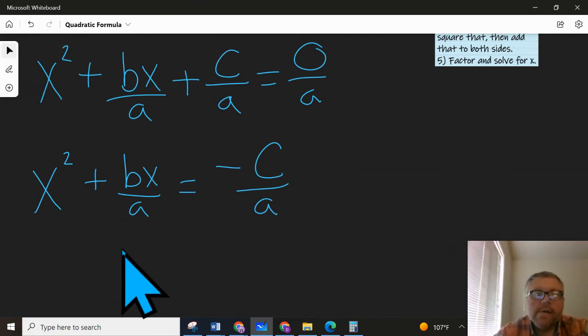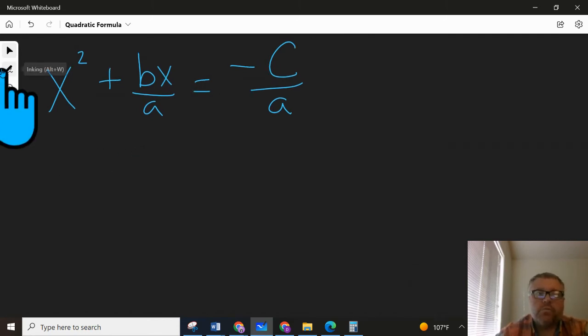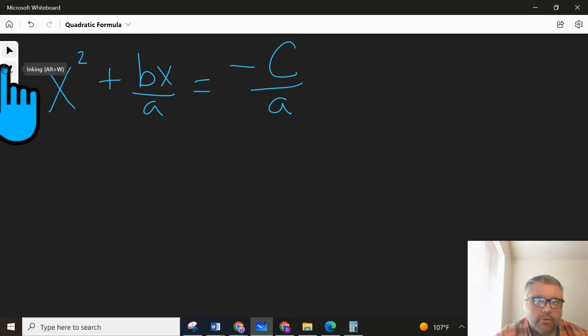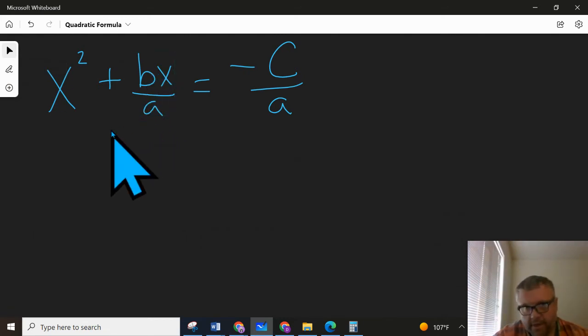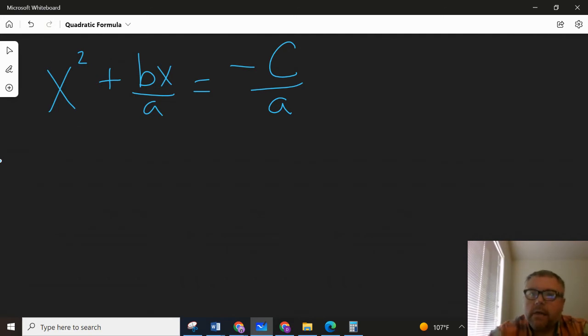Very cool. Now the next step is where the magic in completing the square really happens. This is what's going to give us that perfect square trinomial on the left-hand side and make it factor so beautifully. You want to take the number in front of x, which in this case is b over a, and take half of that.